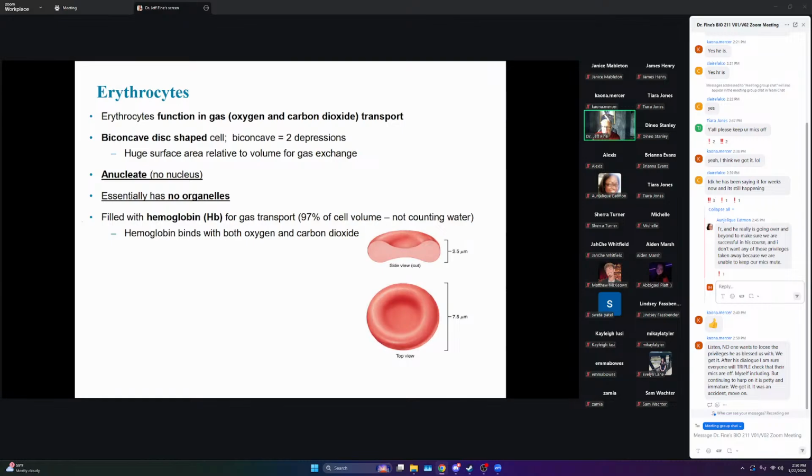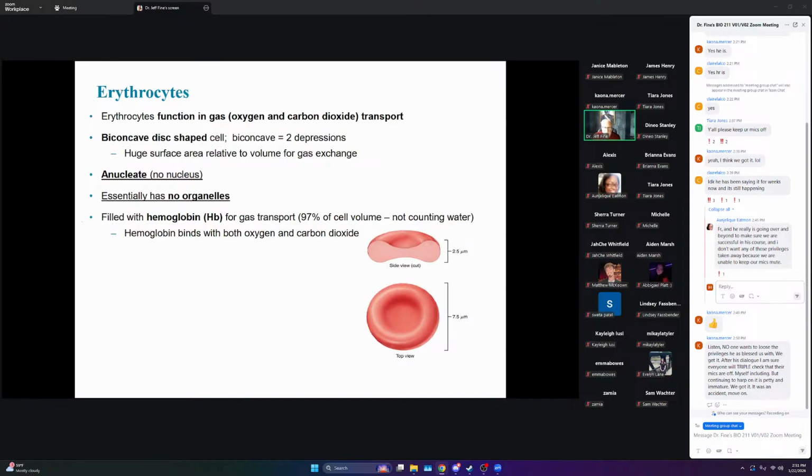So when that erythrocyte is at the lung level, the oxygen that's coming in from the air that we've inhaled is going to jump off of the alveoli in our lungs and bind to the hemoglobin within the erythrocyte.